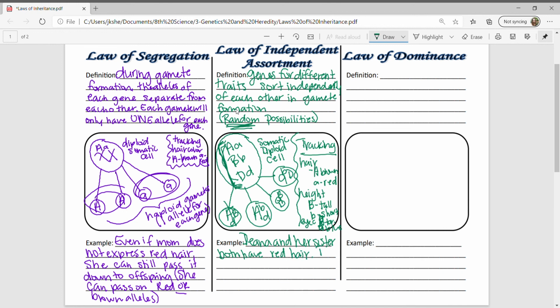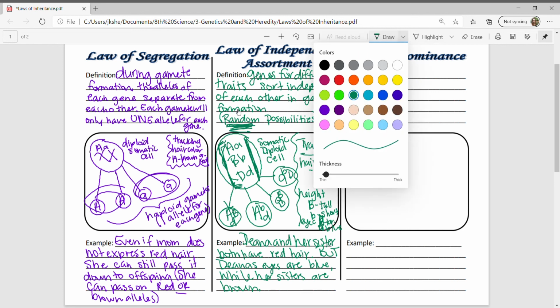But Dina's eyes are blue, while her sister's are brown. So once again, just because they both have red hair doesn't mean that they both have to have the same eye color, because the arrangement of these alleles right here is completely random.